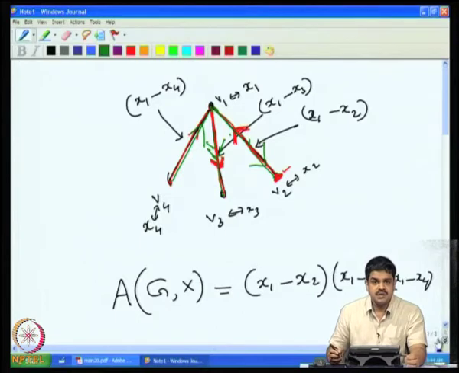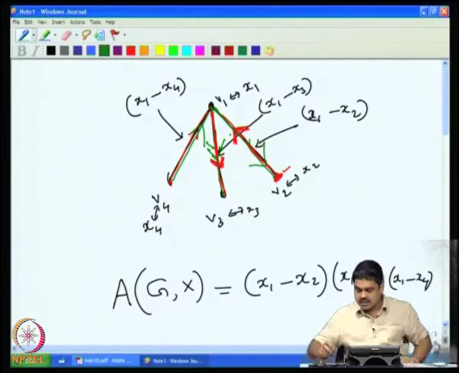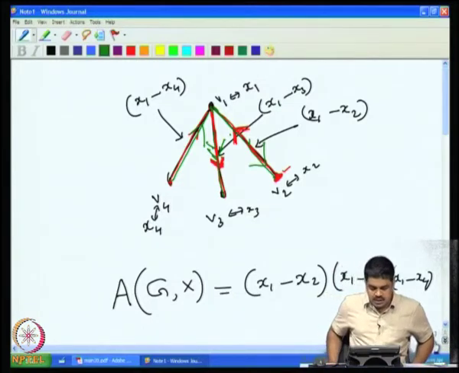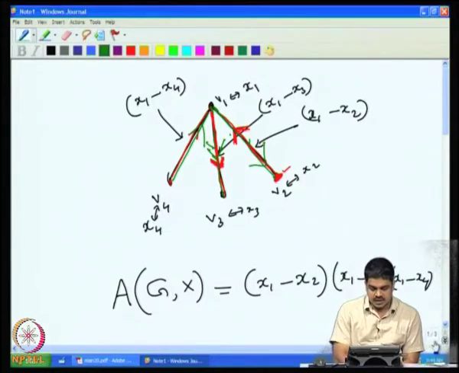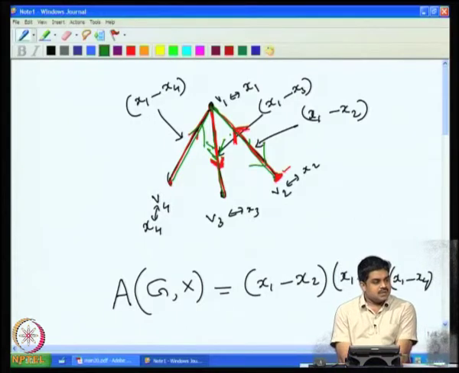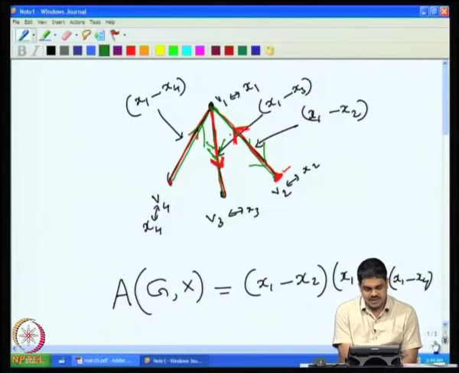Now, the next thing is to understand what signs we can get. You can see that the same term, say x1 square x3, or maybe x1 square something else, can come several times.